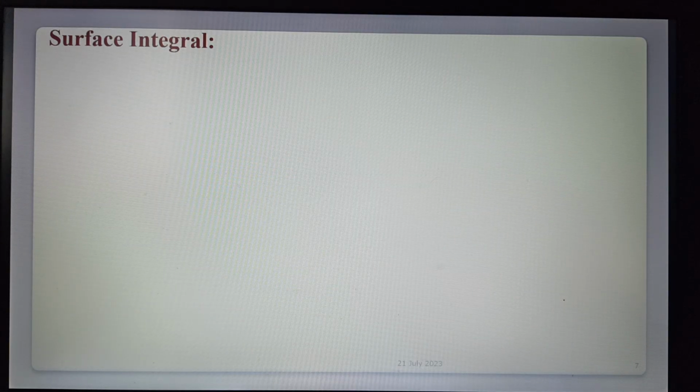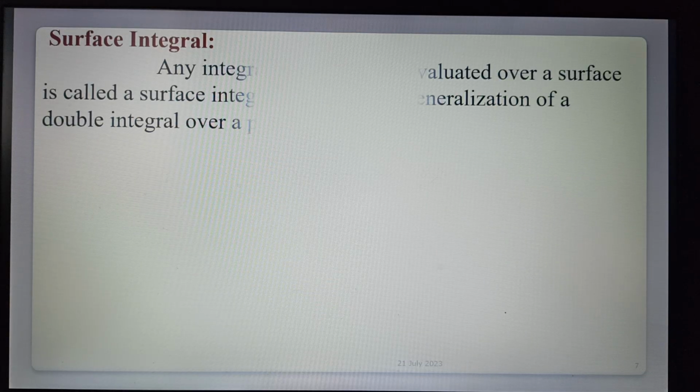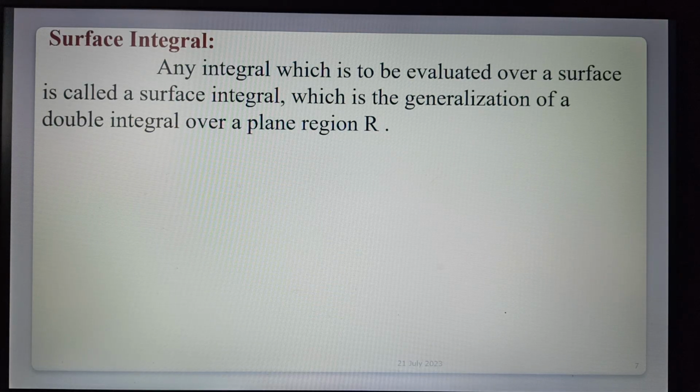Second one, surface integral. See the definition of surface integral. Any integral which is to be evaluated over a surface is called a surface integral, which is the generalization of a double integral over a plane region R. The surface integral cannot be found directly, so it is converted to a double integral over the region R in a plane, where the surface lies.